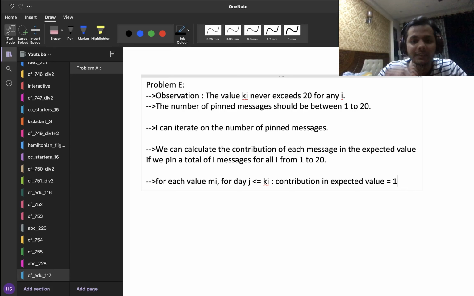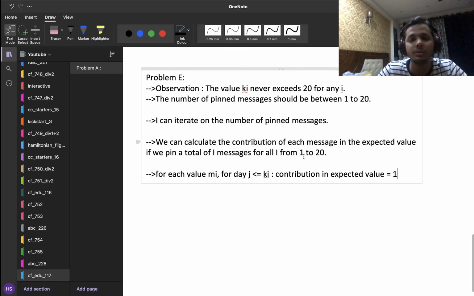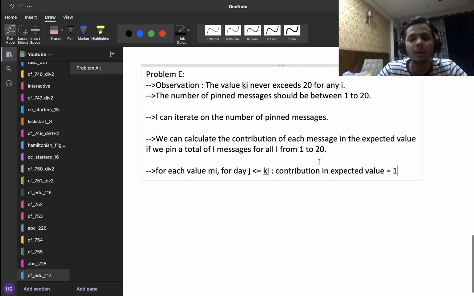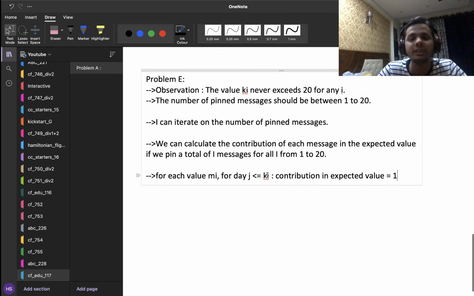Why? Because once I pin it, I'm sure that this particular student will read this message, because j is less than ki, and if j is less than ki, every student will read every message. So the probability of the student to read the message is 1, and its contribution will just be 1 to the expected value.